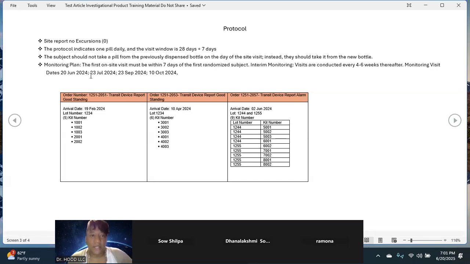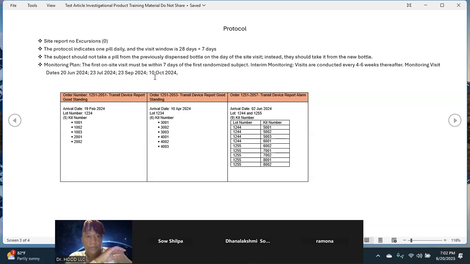You got June 20th, the 23rd, and the 10th. Okay, so they are absolutely in window. And the reason being is, remember, the first visit was done 2 days early, but the first patient was done on June the 11th.